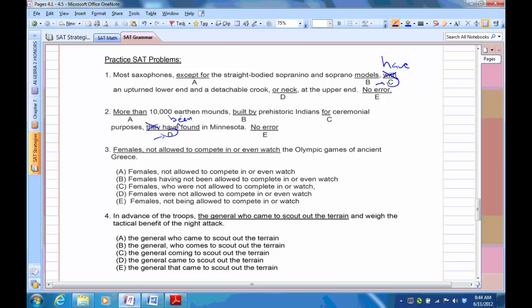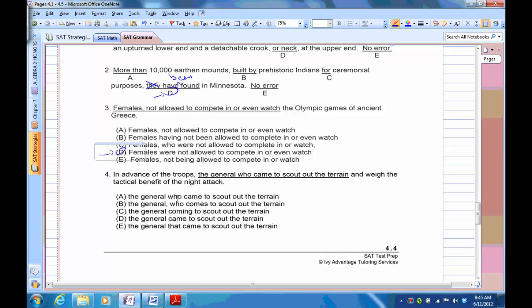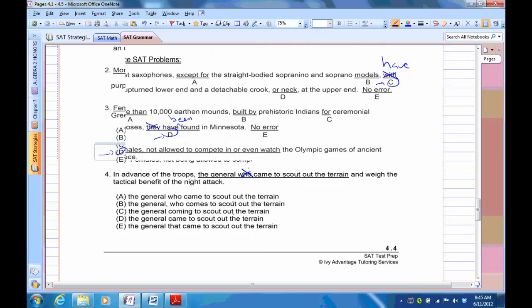Probably need a verb. So I think D would work, because you're talking about females, so it should be plural. Females were not allowed to compete in or even watch. And then 4, probably drop the word who. So that'd be D again.